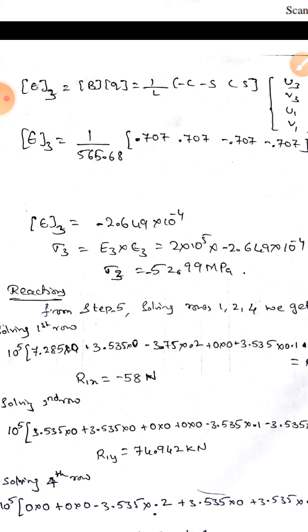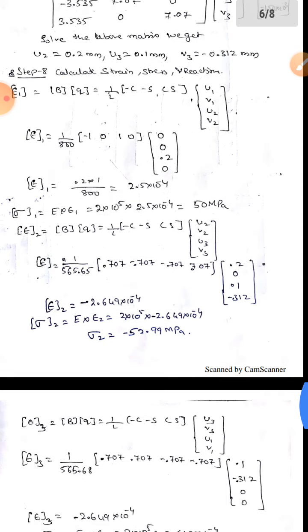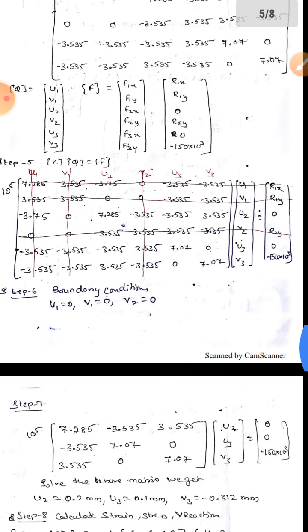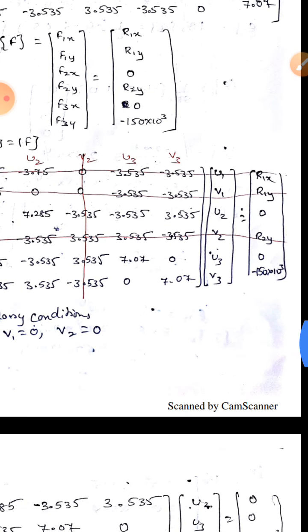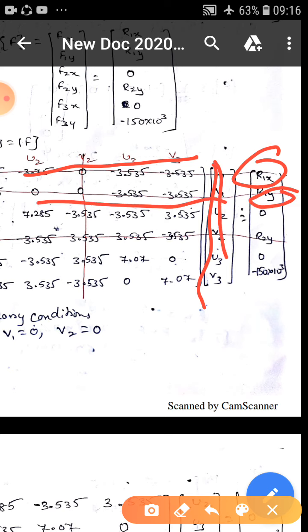Now calculate the reactions. How to calculate? If you go with my fifth equation, step 5, R1x has to be determined, means you multiply the first row with the u1, v1, u2, v2 columns. To determine R2, multiply the second row with this one.